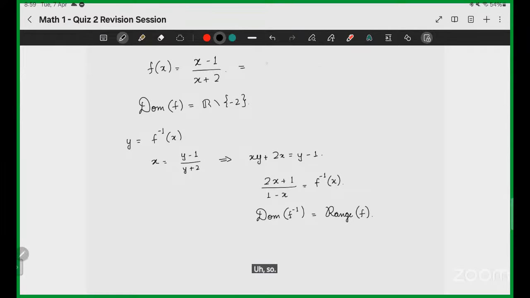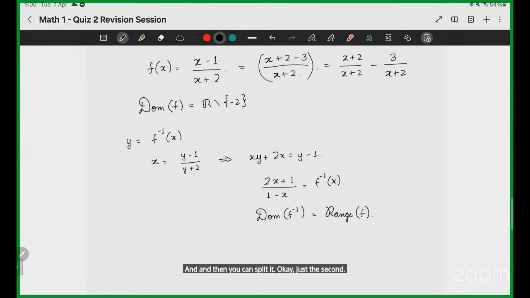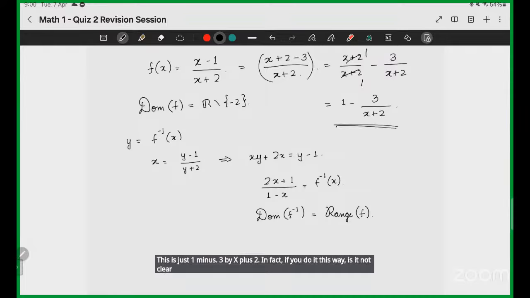When you have rational functions with the same degree polynomial, or if you have (ax plus b), you can do this and then split it. This is just 1 minus 3 by (x plus 2). In fact, if you do it this way, is it not clear from this that the range would not include 1?